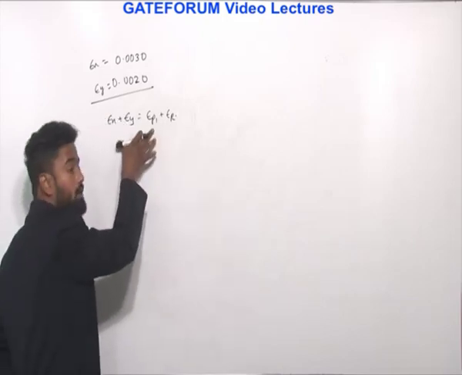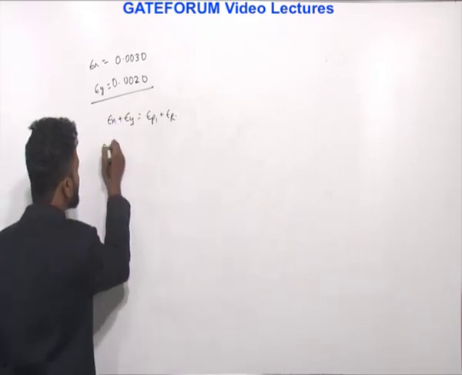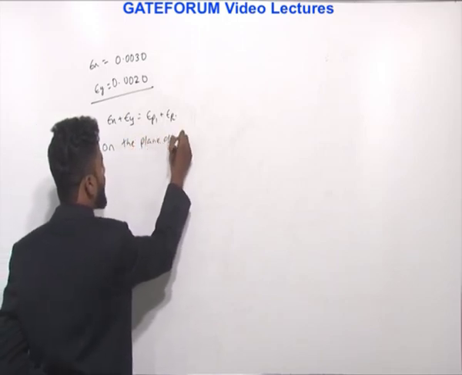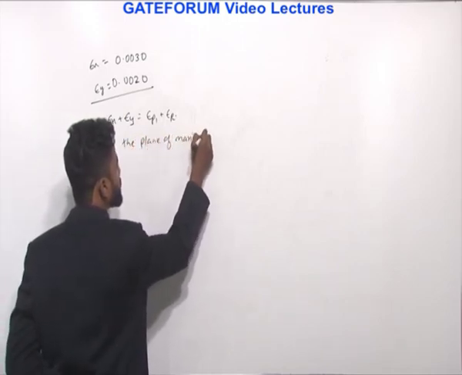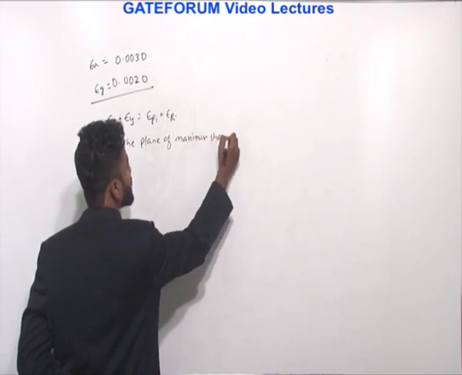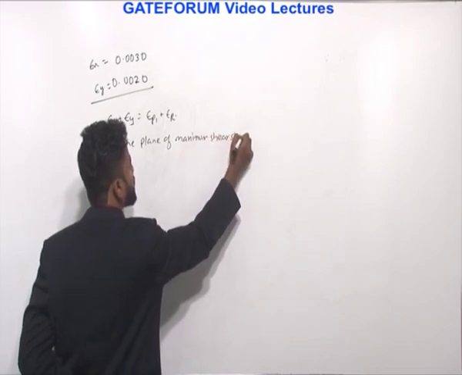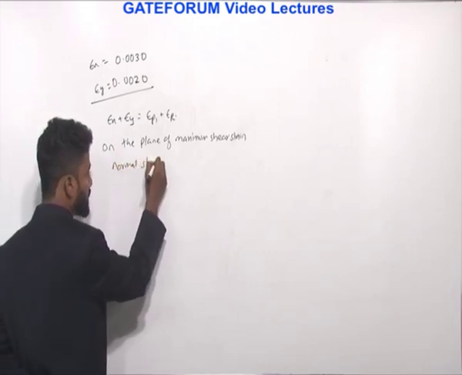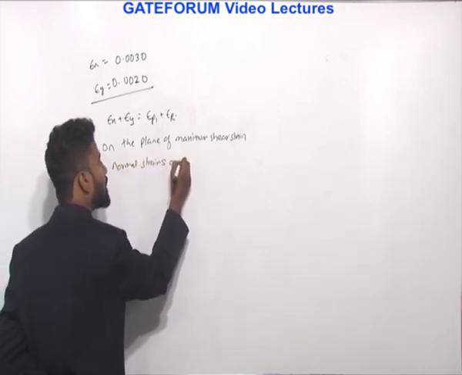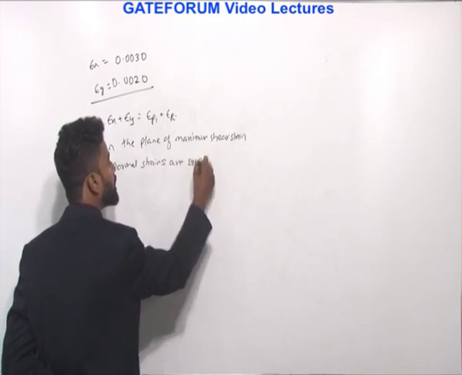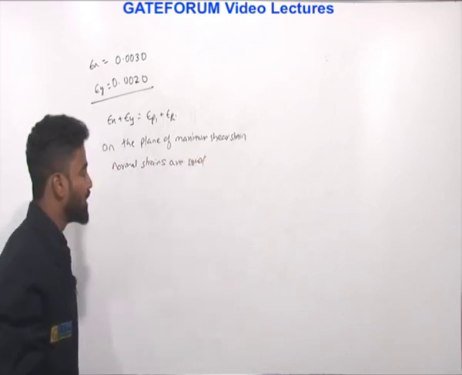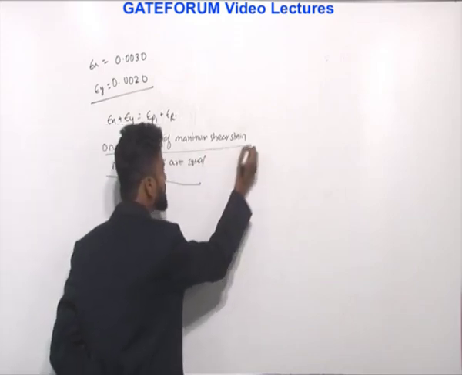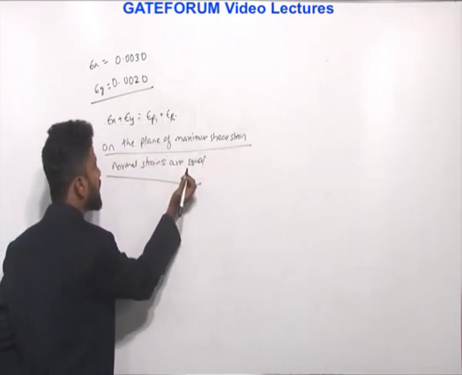This is the strain invariant, and on the plane of maximum shear strain, normal strains are equal. So this is the basic that you have to remember. On the plane of maximum shear strain, normal strains are equal.